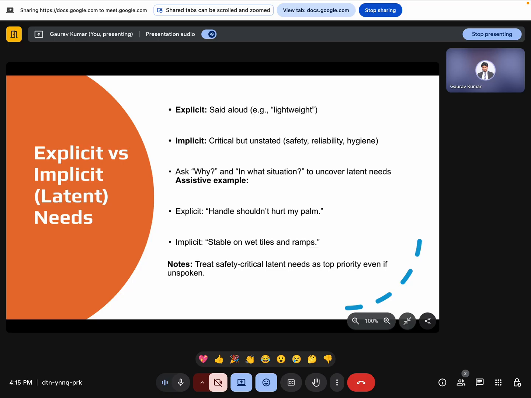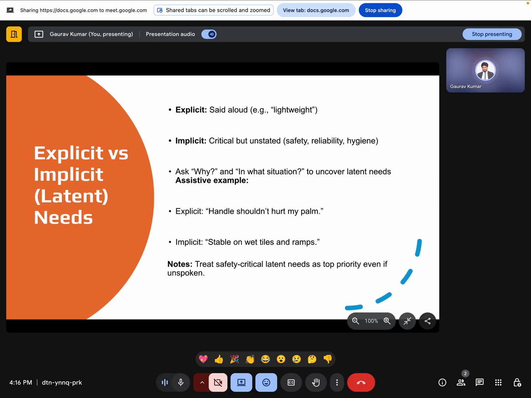But many of the most important needs remain implicit: safety, reliability, hygiene, social acceptance, and dignity. I surface latent needs by asking why repeatedly and by probing the situations where failure occurs, like slippery floors, crowded platforms, dim lighting, and sudden stops.